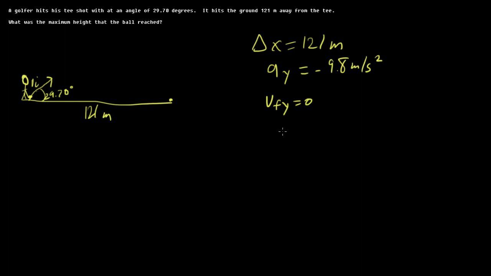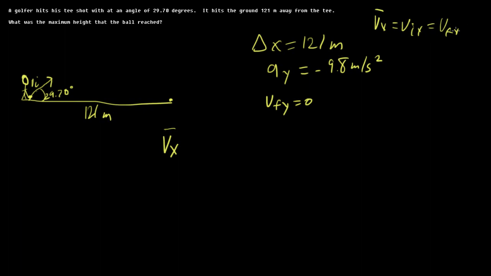Now, here's where this is kind of screwy. Let's forget for a moment that we don't know a whole lot of information. Let's just remember that in the x direction, v_x, which we know that v bar x equals v_ix equals v_fx, right?